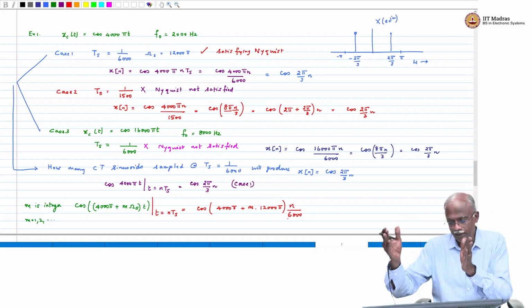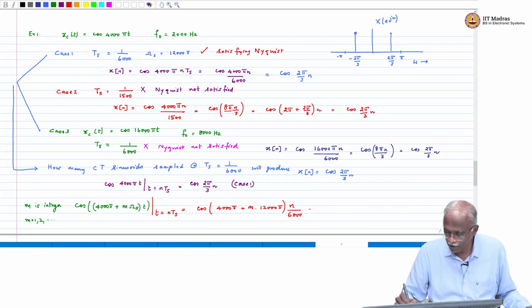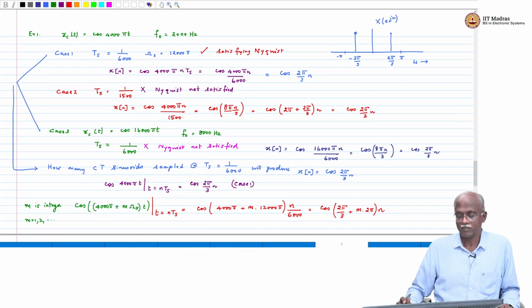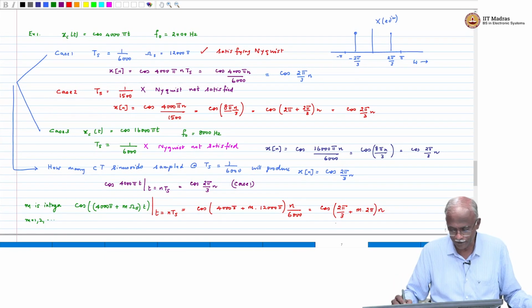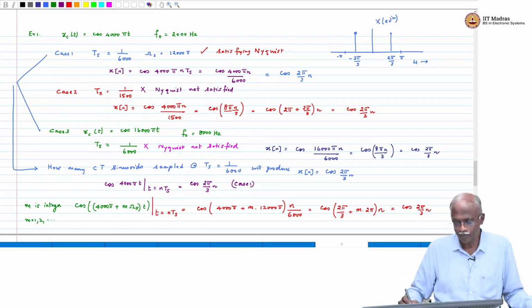Okay, so basically for t you are substituting nTs, and if you simplify this, what you will get is cosine of 2 pi by 3 plus m times 2 pi times n. Okay, just simplify this expression. So this will be cosine 2 pi by 3 n.